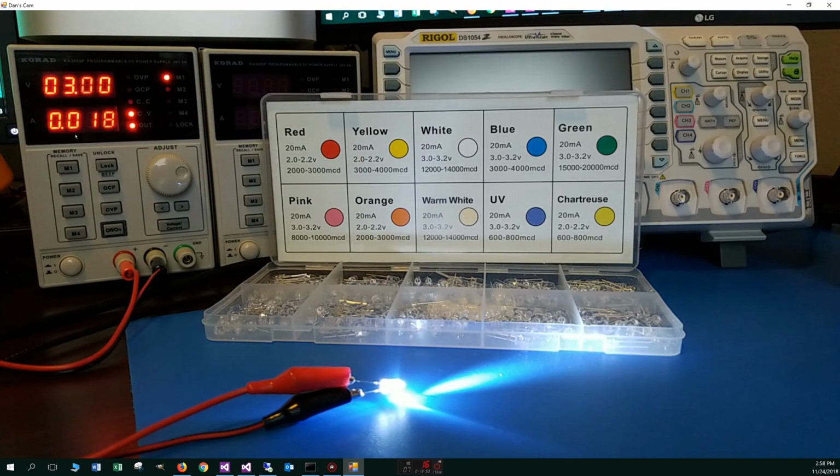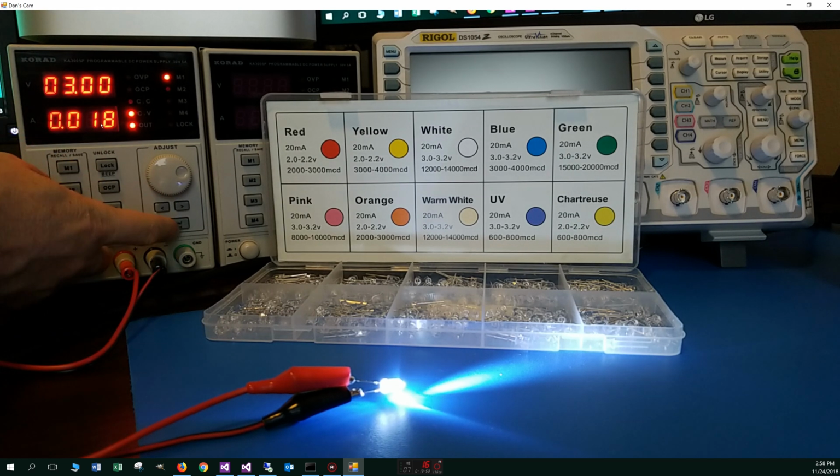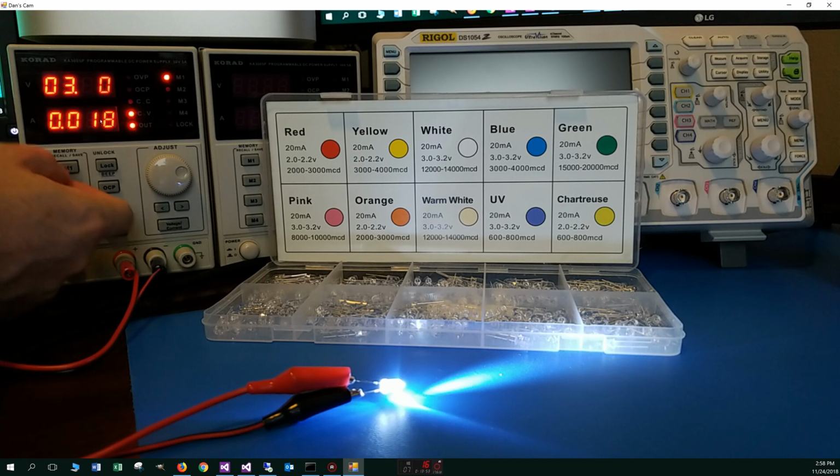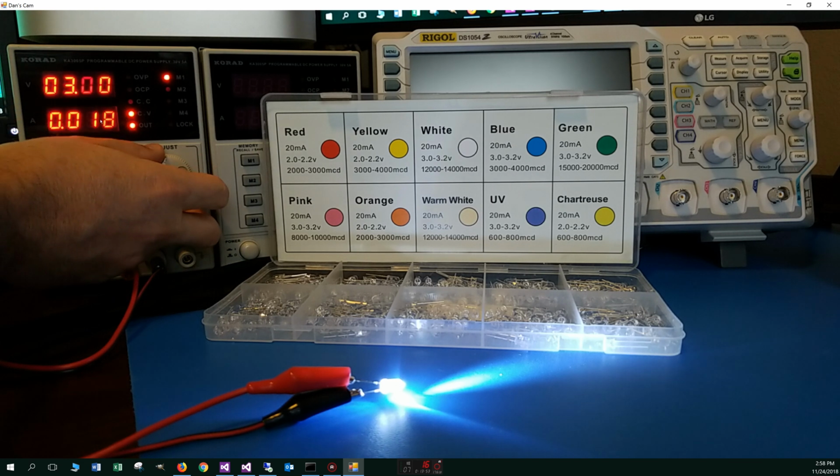Okay, now right off the bat, we don't fry it, because of course 3 volts only has the pushing power to push 18 milliamps through there, right?